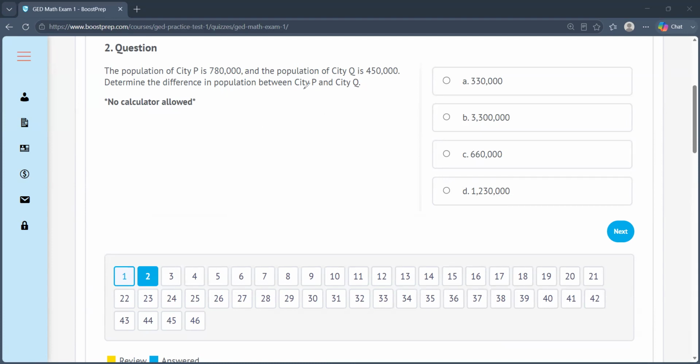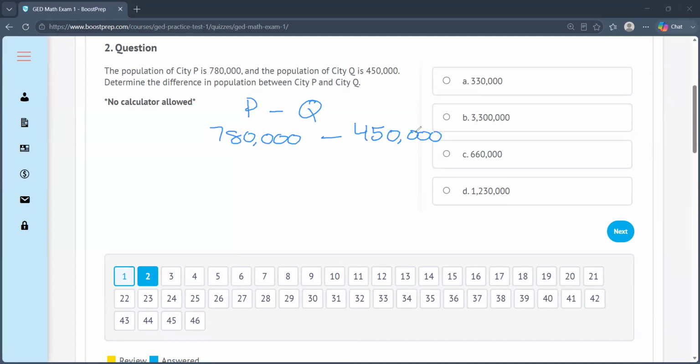So basically whatever population Q is, subtract that from population P. That's it. So population P has a total of 780,000 minus the population of Q, 450,000.